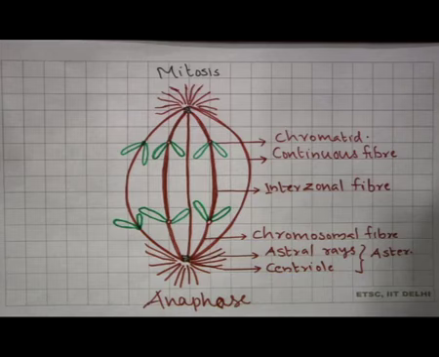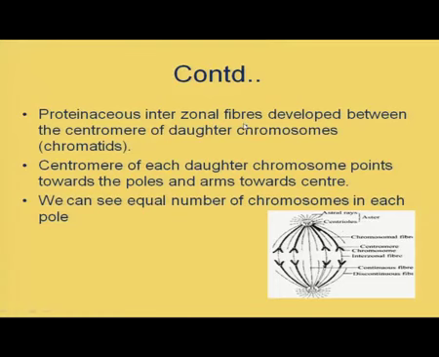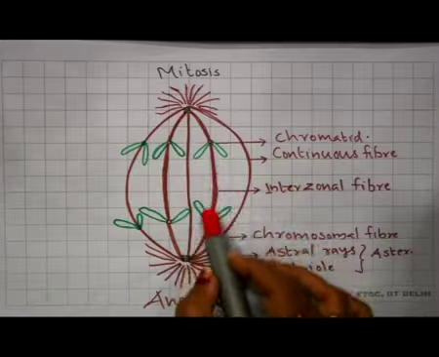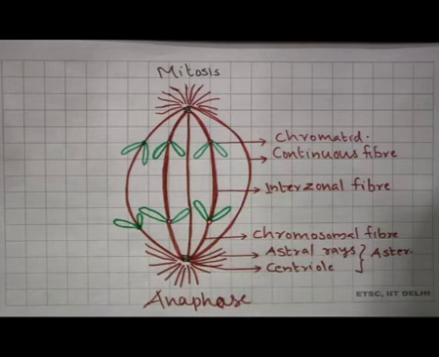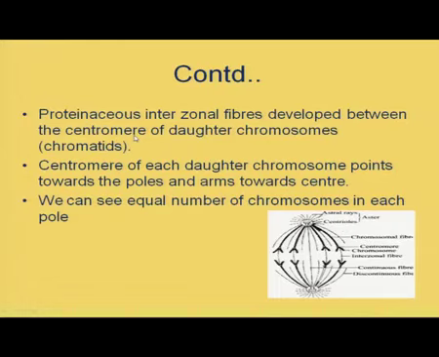The proteinaceous interzonal fibers, this is what is called the interzonal fiber, developed between the centromeres of daughter chromosomes. Daughter chromosome means the separated chromatids.